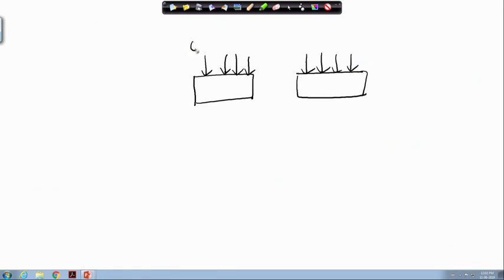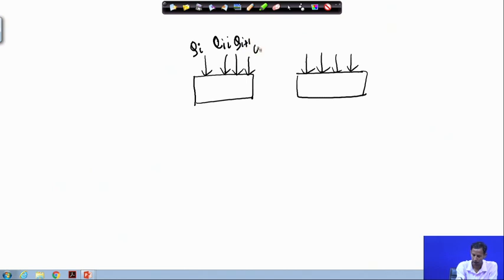If this is Qi, this is C1i, this is Qi plus 1 and this is Q next, and this is also Qi, this is C2i, this is Qi plus 1, this is Q next. This is for the M value and this is for the N value.